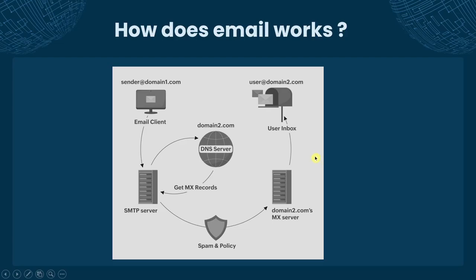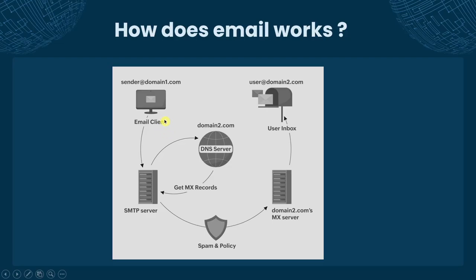The most important thing is how email works. In this diagram, you can see two parties, a sender and a receiver. These are two different organizations: the first organization is domain1.com and the second is domain2.com. To send and receive email, for example to compose an email, you need computer software, which we call an email client.